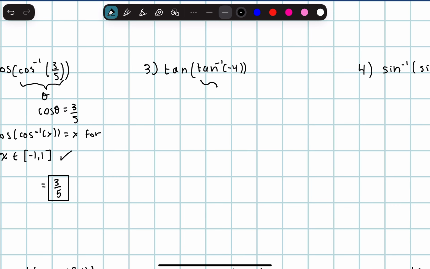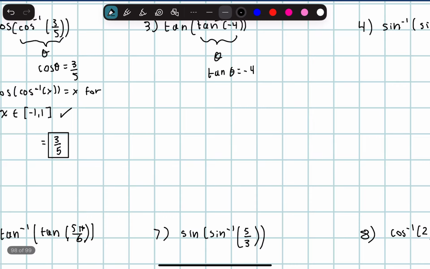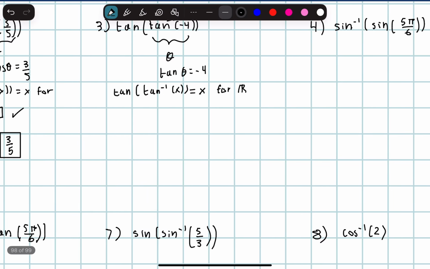So set the inside equal to theta again. So now we can rewrite this as tangent of theta is equal to negative 4. So now we know that tan of tan inverse of x is equal to x for all real numbers, and this is a real number.